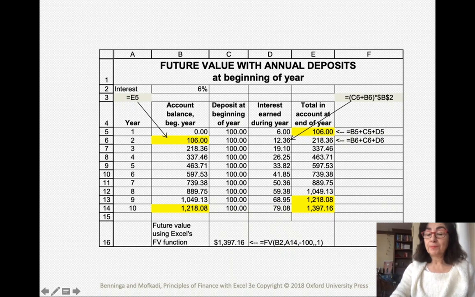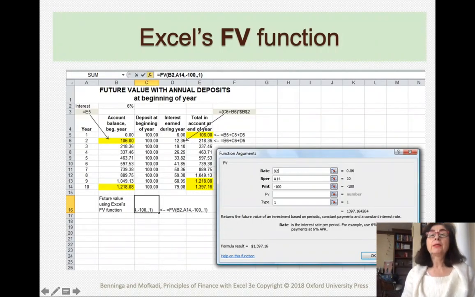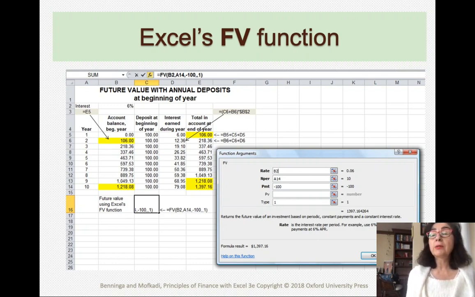Then the next step is trying to do this with Excel's future value function, which makes it easier for us, because when we enter the future value, then what we could do is we can enter the interest rate, number of years, which in this case is 10 years, and the payment, which is $100.